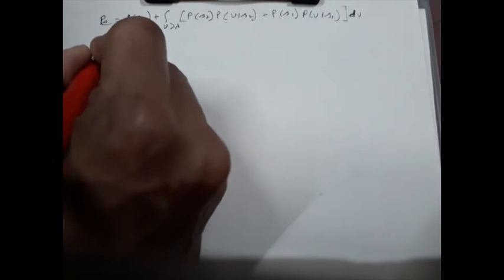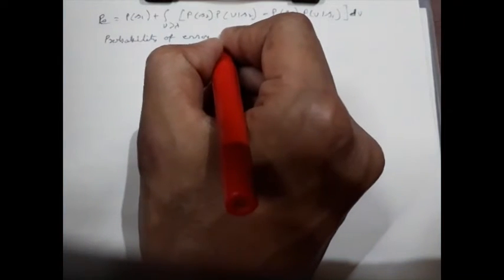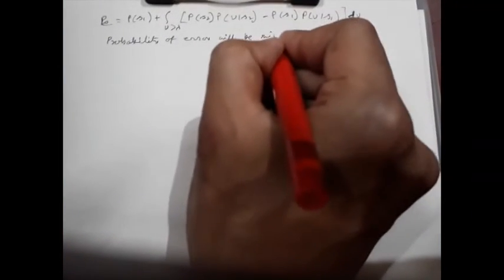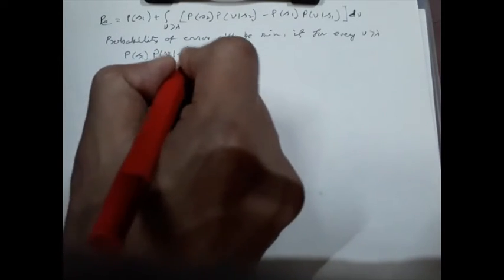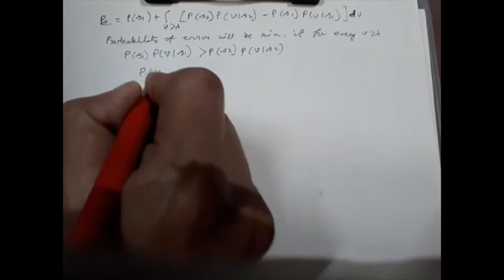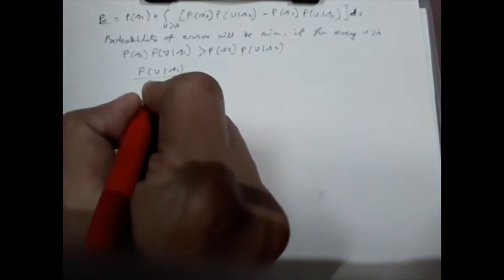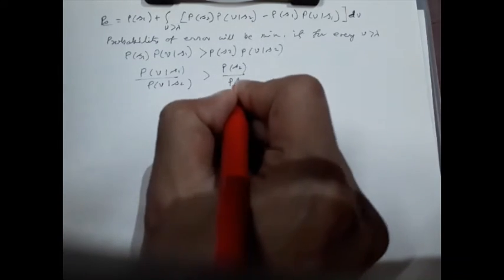So the probability of error will be minimum if for every V greater than lambda, P(S1) P(V|S1) is greater than P(S2) P(V|S2), or in other words, P(V|S1) divided by P(V|S2) is greater than P(S2) by P(S1).